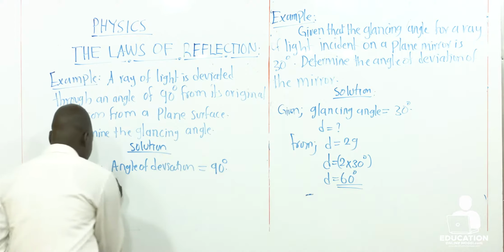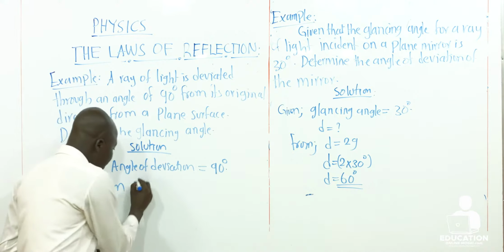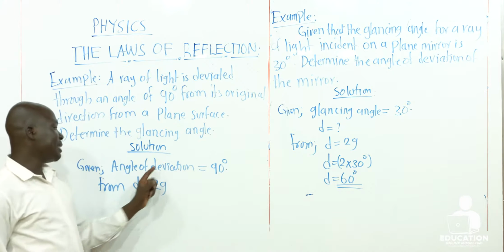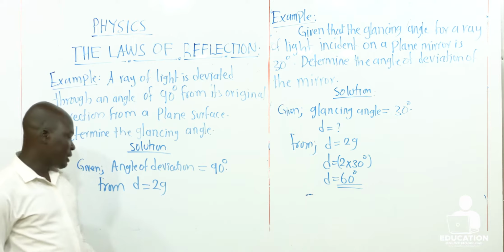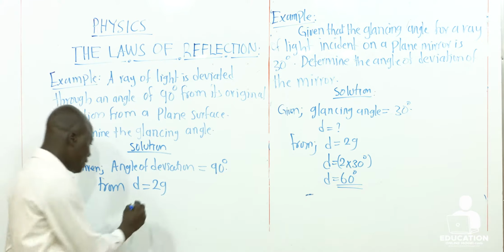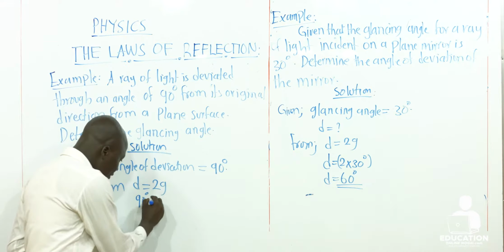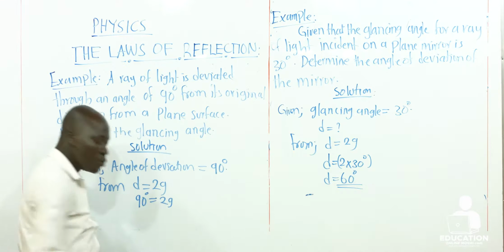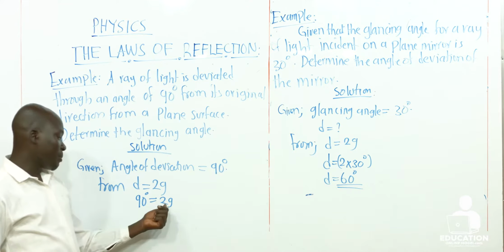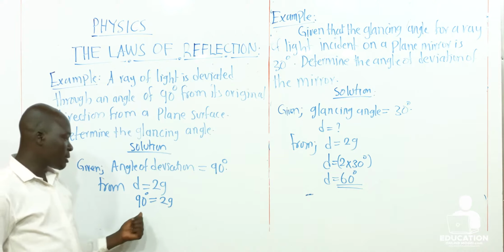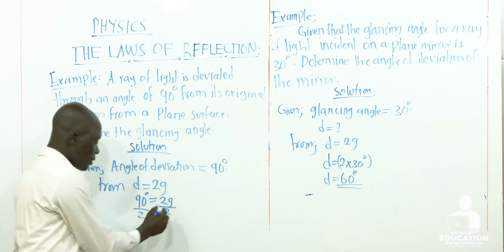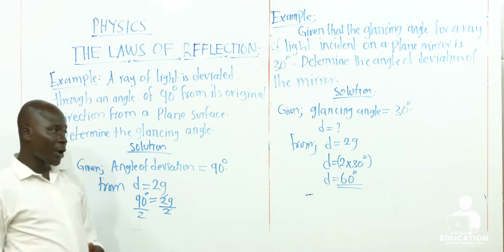Now from D equals 2G, but D is given to be 90 degrees. So where there is D, we are going to substitute the value, which is 90 degrees. So you are going to have 90 degrees is equal to 2G, or twice the glancing angle. Now for us to determine the glancing angle, we are going to divide both sides by 2. 2 divided by 2 goes 1.